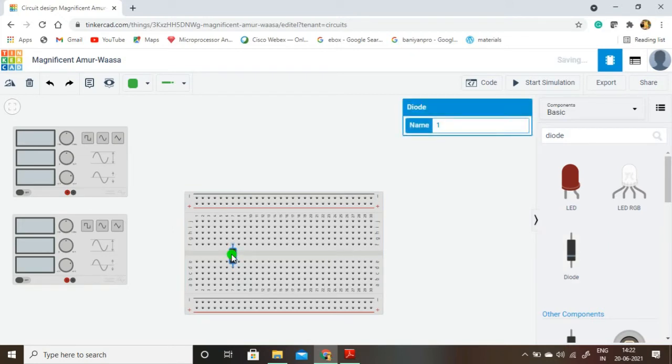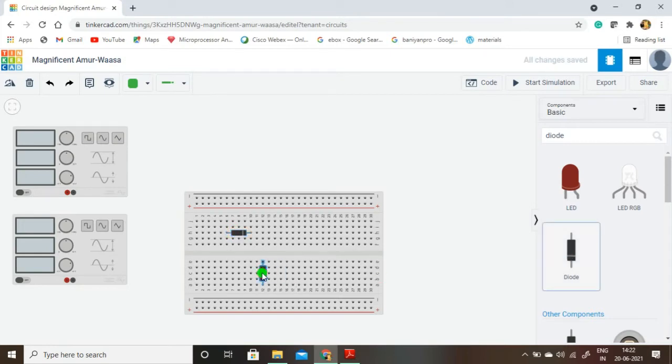One is allowing the positive, another one is for the negative. Just rotating this diode horizontally. Okay, this is one diode. This is another diode.